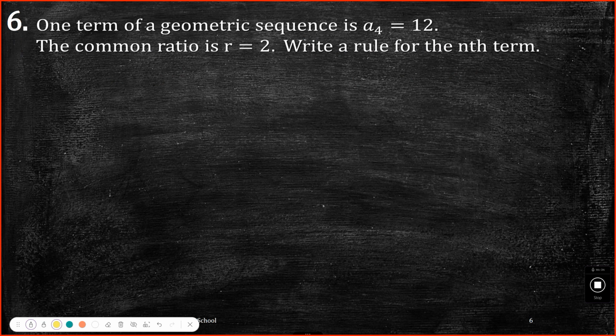6. One term of a geometric sequence is a sub 4 equals 12. The common ratio is r equal to 2. Write a rule for the nth term.